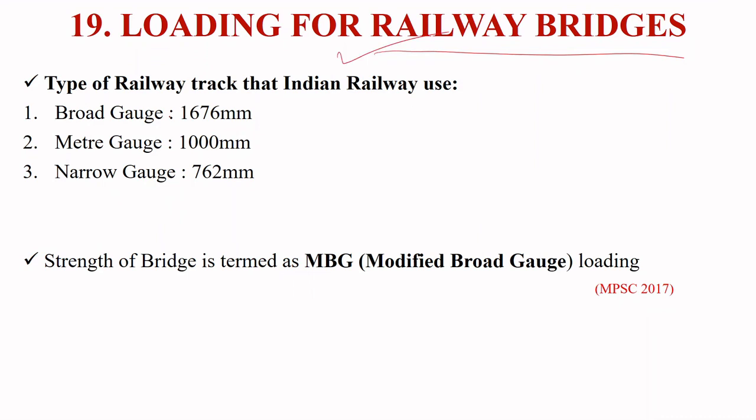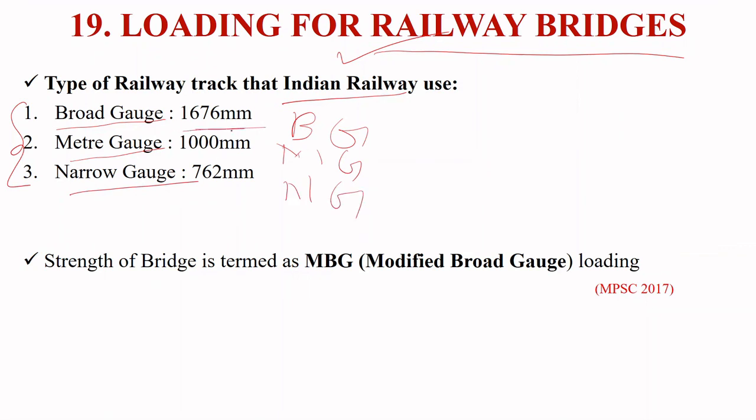Now we know that there are three types of track used in India. Mostly in Indian Railways we use three types of track. First is the broad gauge, which we call BG, then meter gauge, MG, and narrow gauge, NG. Their values are 1676 mm, 1000 mm, and 762 mm.